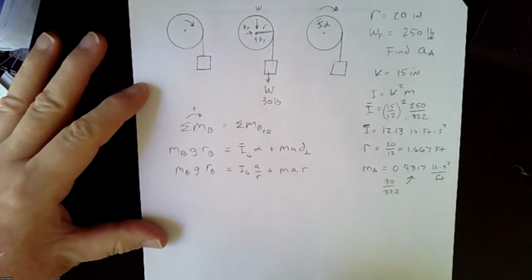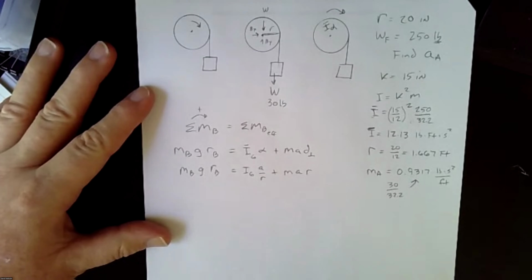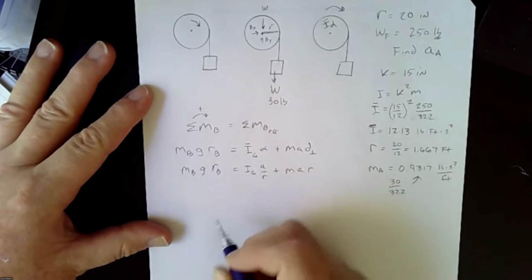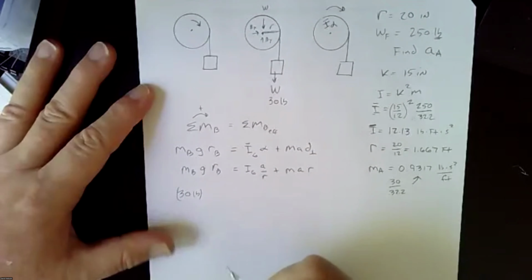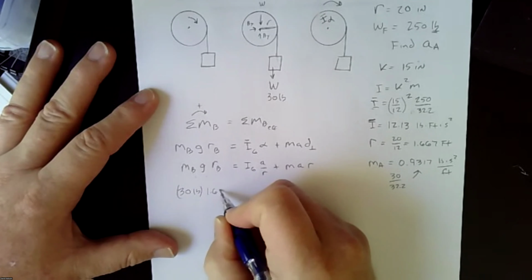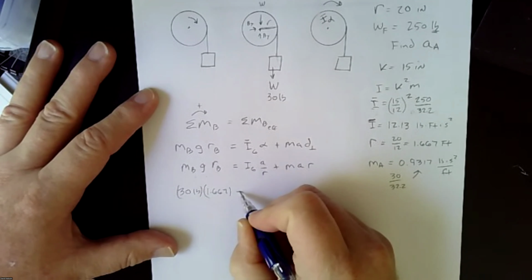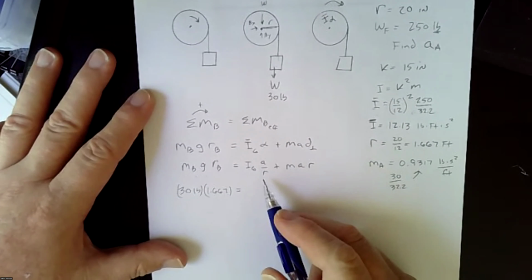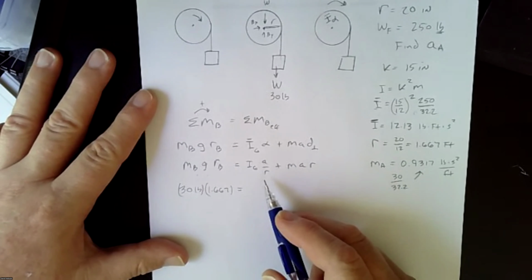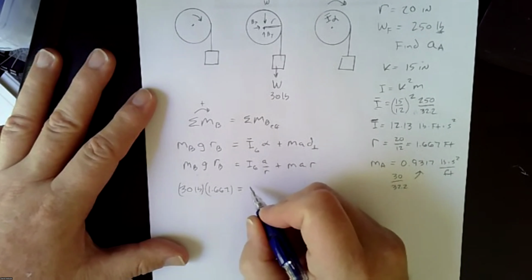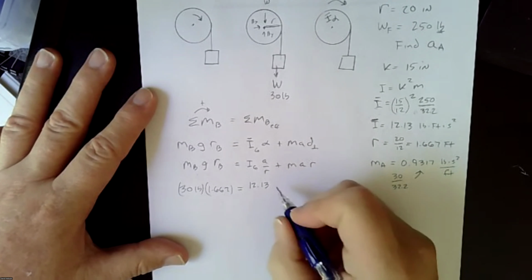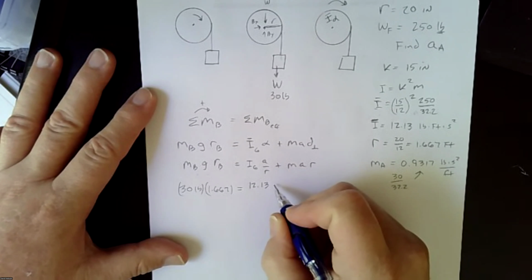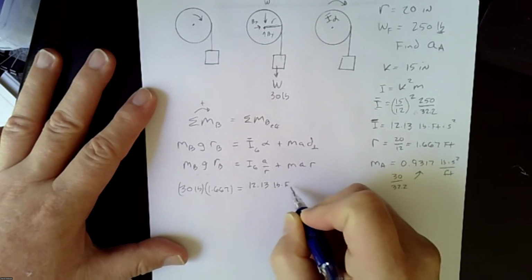So now we have everything. We can bring it over to here, and we know M B G is just 30 pounds. So we have 30 pounds times the distance, 1.667. And that equals I G, which I found, 12.13, that's going to be 12.13 pound feet second squared.